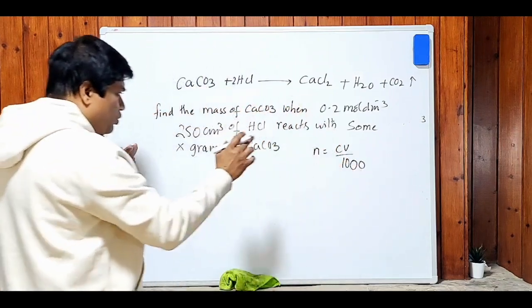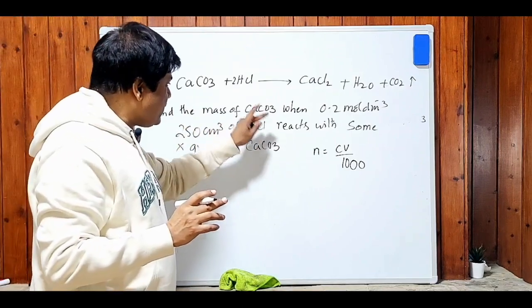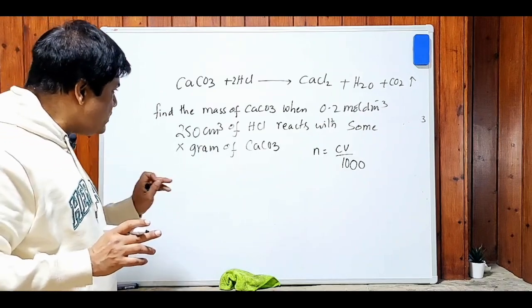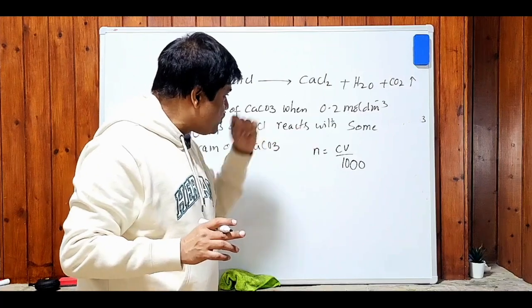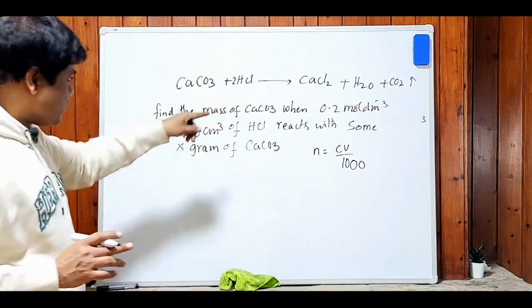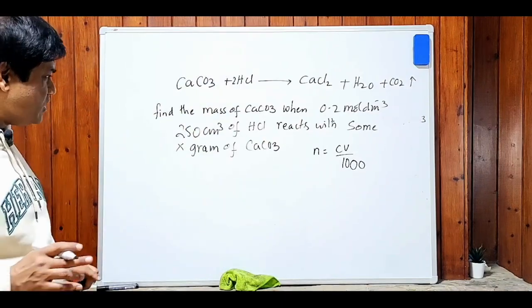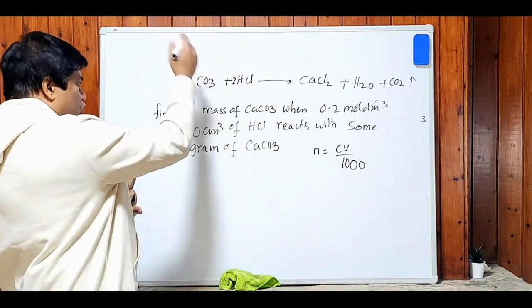My sir told me that understanding a question is an art. Once you understand the question, it's easy to work out. So look at the question and try to write down the information which is given. So we have the concentration of HCl and the volume of HCl. So work out the mole. It's easy to work out the mole of HCl.